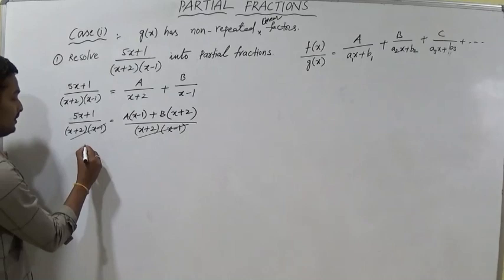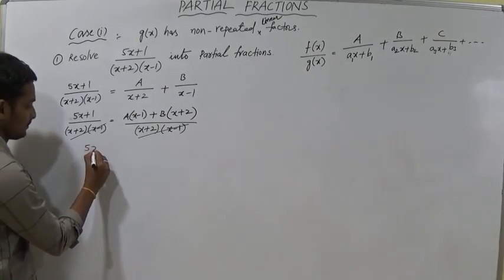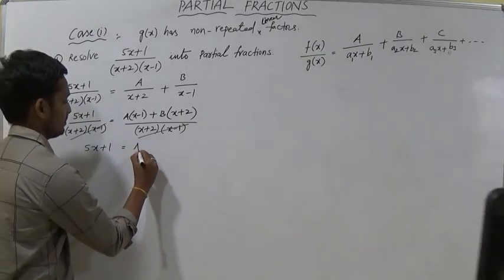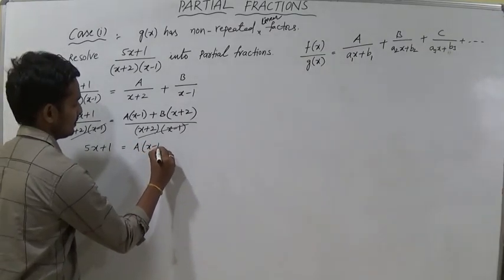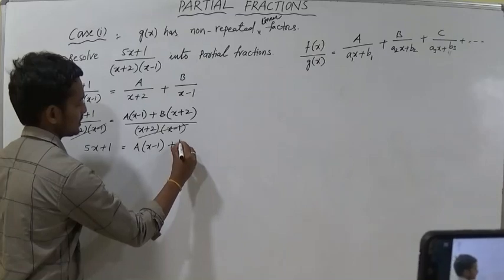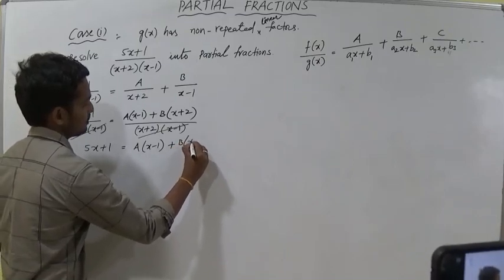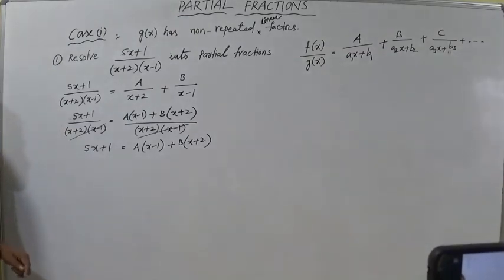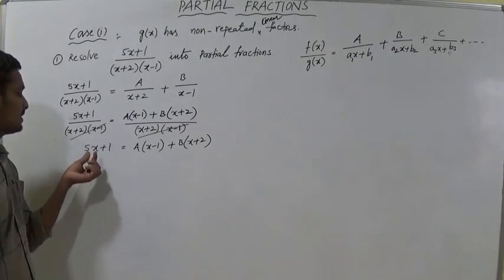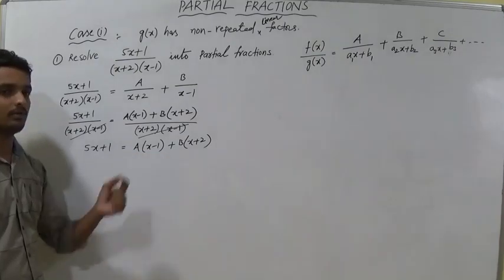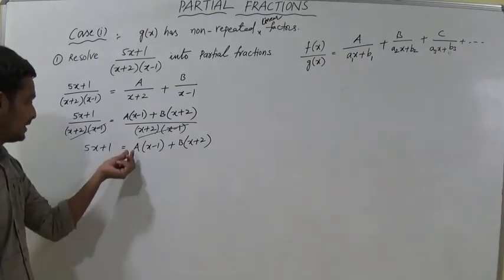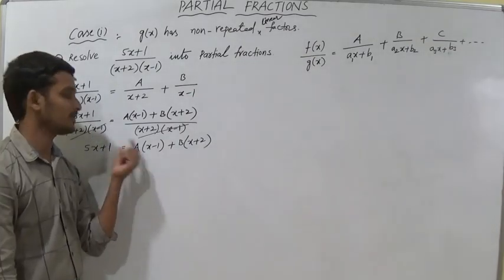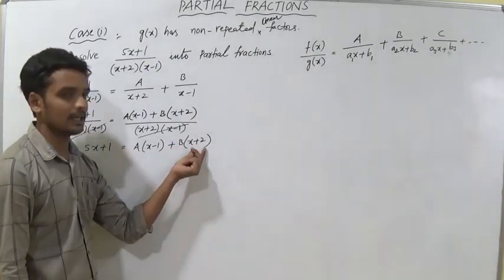What are we getting? The LHS is 5x+1, which is equal to A(x-1) + B(x+2). Is this okay? Our ultimate target is to find the values of A and B. Here A is multiplied by x-1, which is one of the factors of g(x), and B by x+2.